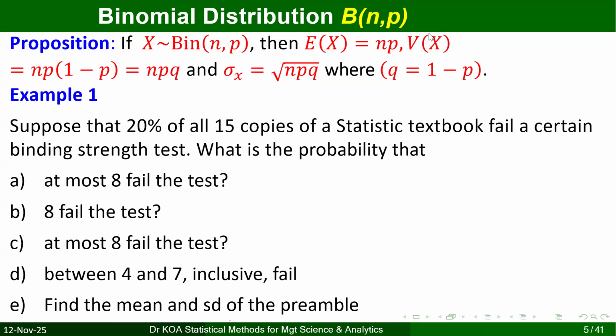Of course, there are so many things that are binomially distributed. Any of you can give me an example? Give me a possible example of a binomially distributed item or random variable. Jerry? Tossing a die, rolling a die. No, that is not binomial. That is rather what?